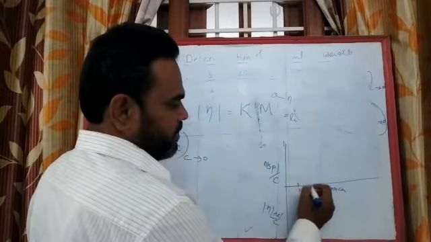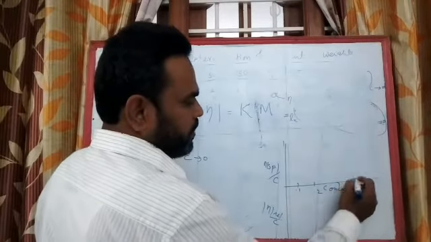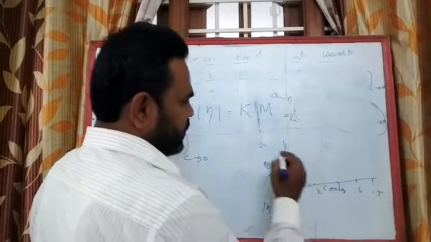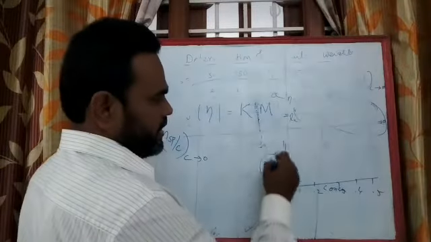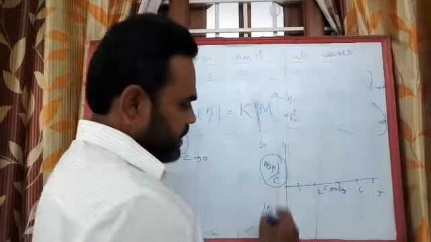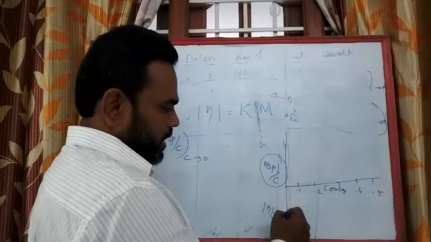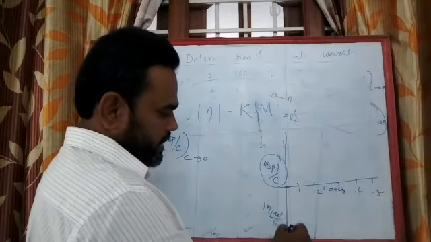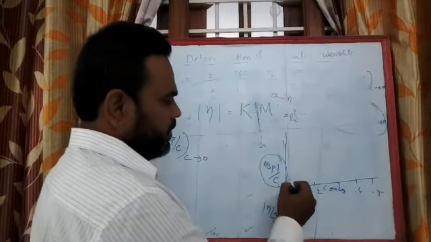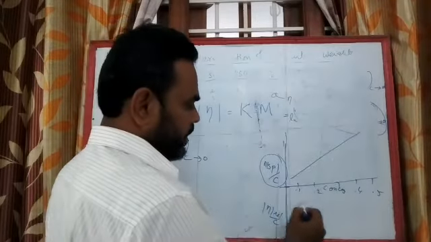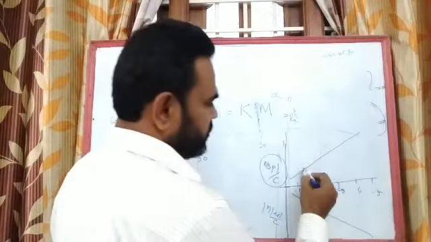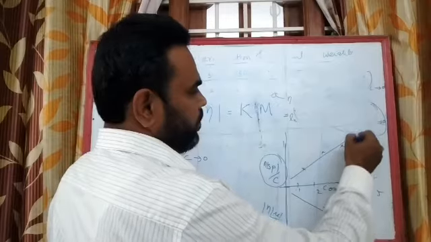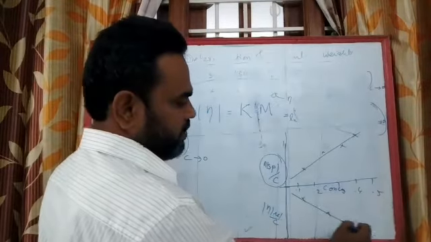We have polymer solutions of different concentrations, 0.1, 0.4, 0.5. One plot is eta specific by C, and the other plot is the log of eta relative by C. For 5 different solutions you will get a graph of this type.